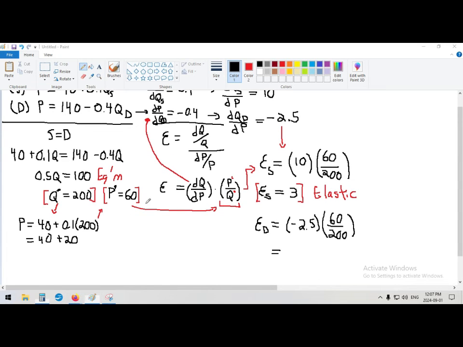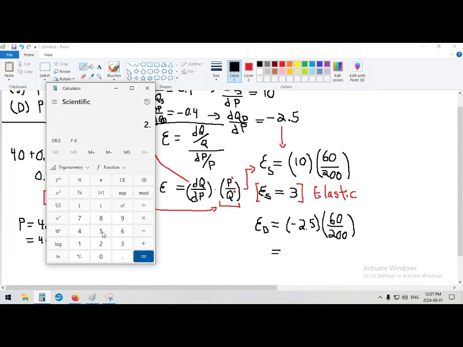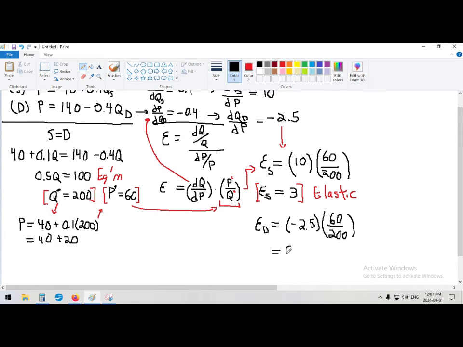So we have 2.5 times 60 divided by 200, and we get negative 0.75. If we take the absolute value of that, we get 0.75. Then we compare that to 1, and that's less than 1. So the demand curve here has to be inelastic.